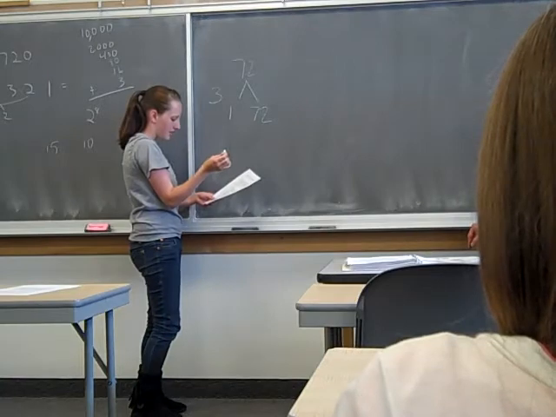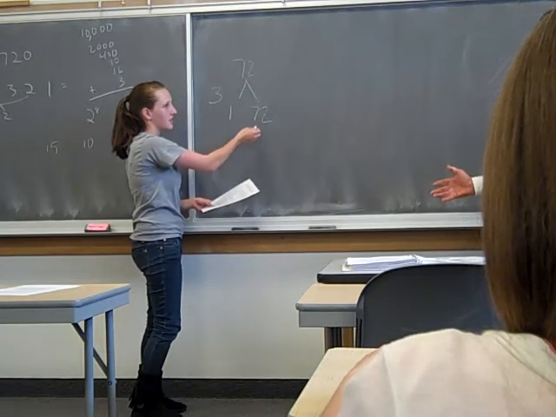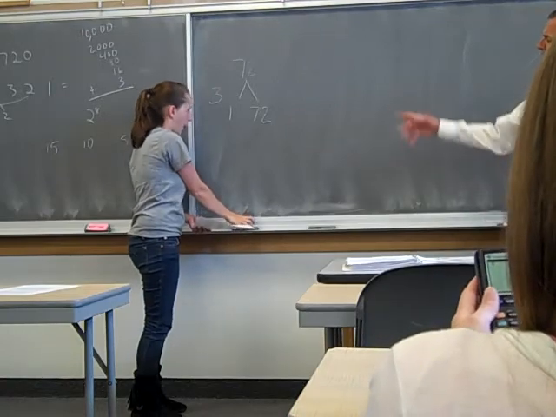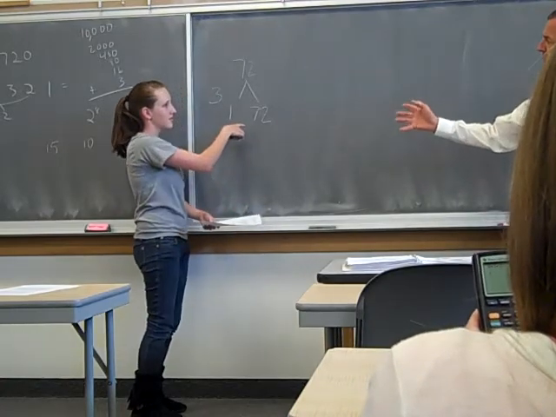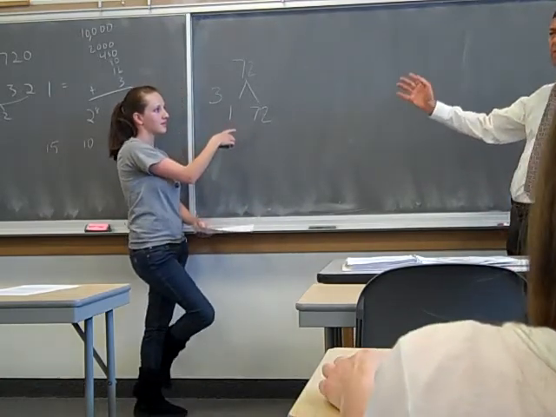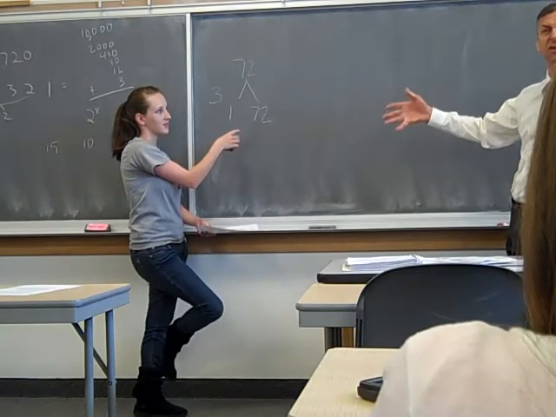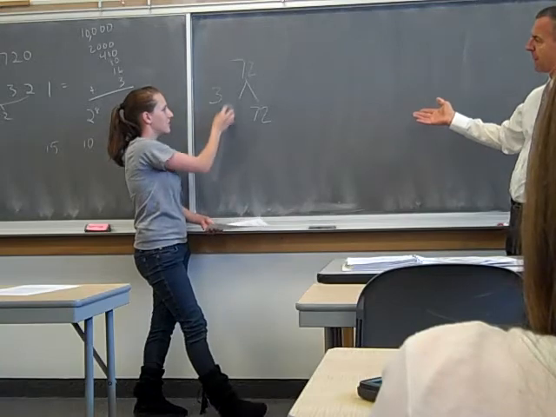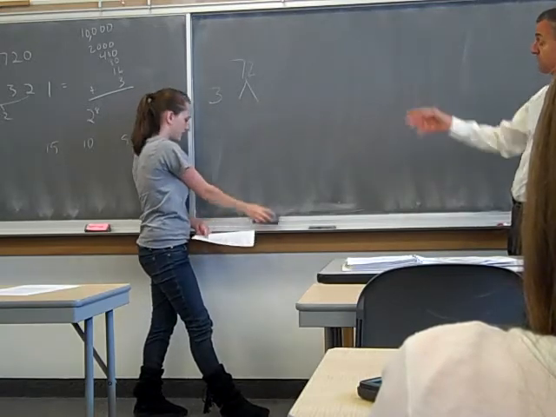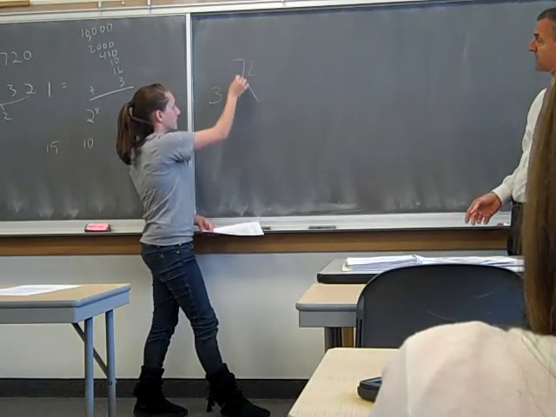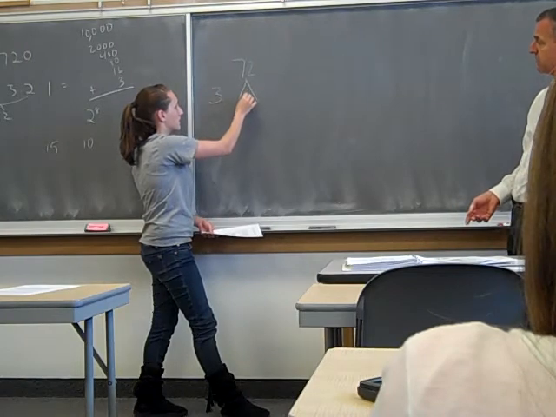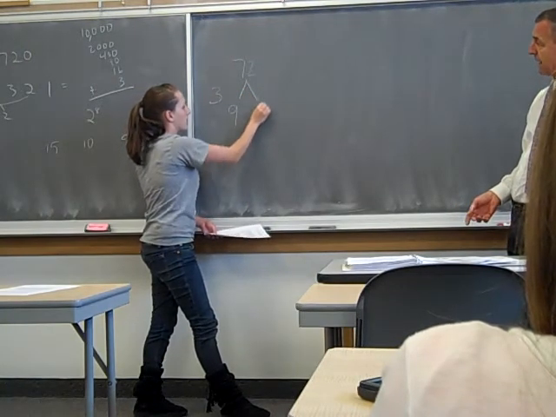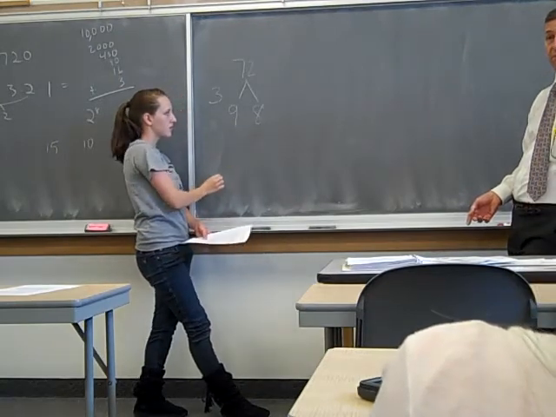But let's prime factor this. 72 is not prime, and we don't even want to put 1 in a prime factorization tree because that doesn't get us anywhere, right? So go ahead and let's prime factor it. What does make up 72? Choose 2 numbers. 9 and 8. Are they prime? No. Keep going then.